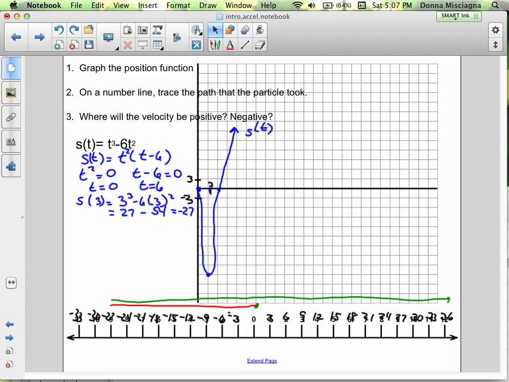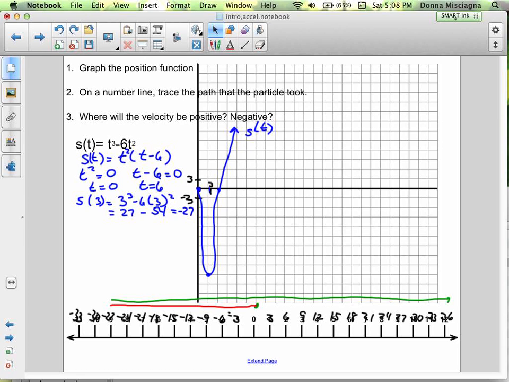All right, so what else do we need here? We got that one. And when will the velocity be positive and when will it be negative? Now, I had to estimate where it would turn around. It's possible that it turned around at 4 and not 3. We're going to learn how to find out exactly where it turned around. I will take my approximation here, but in the future, we'll be able to find the exact. All right, so where will the velocity be positive and where will the velocity be negative?